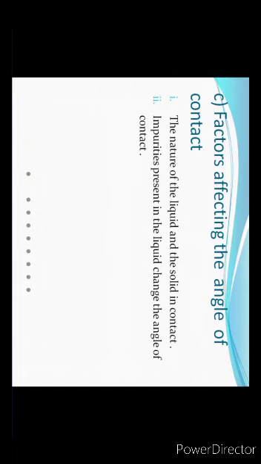If it is fully soluble, then surface tension is different, and if it is partially soluble, then again surface tension is different. So if there is dust in mercury, then the angle of contact of mercury will decrease. Surface tension of mercury will decrease, and the way it will stick to the glass will be different. Partially it will stick to the glass.